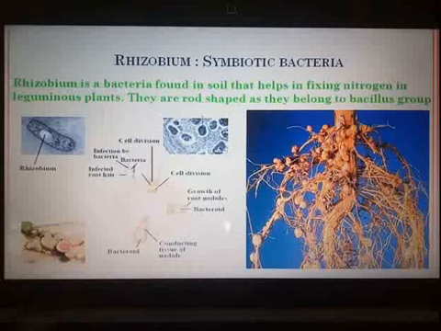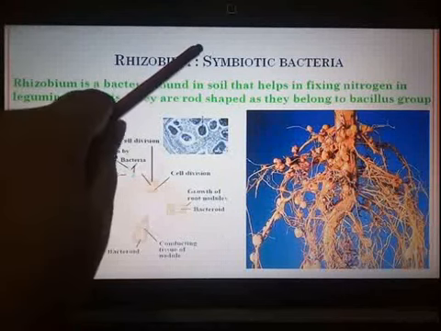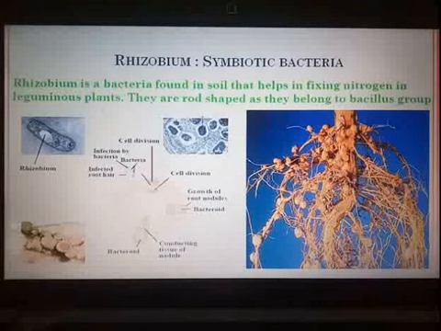We saw yesterday that rhizobia live in the root nodules. They supply nitrates, nitrites and amino acids to that plant, and in exchange they get energy in the form of carbohydrates from it. Such a mutually beneficial relationship is called symbiosis, and hence the name symbiotic bacteria.